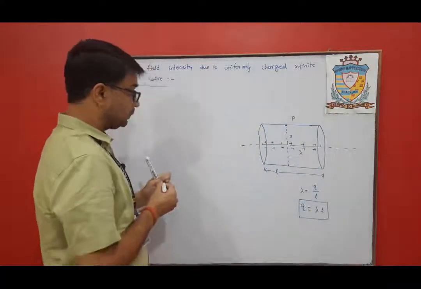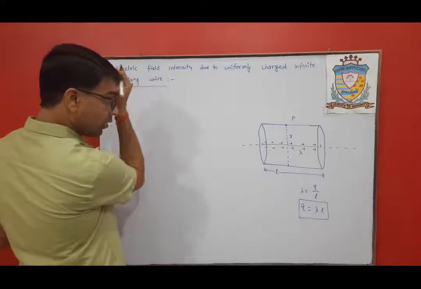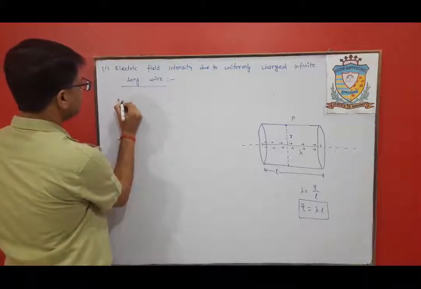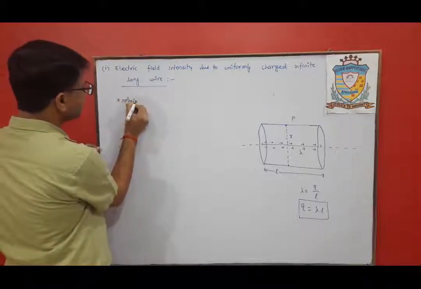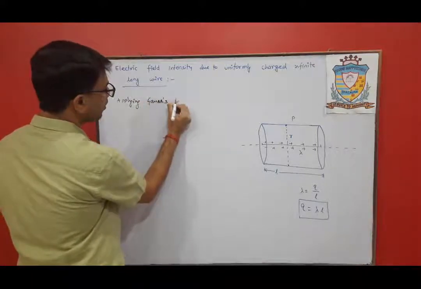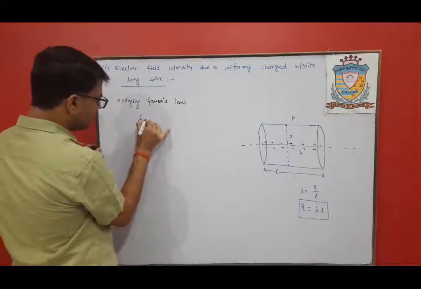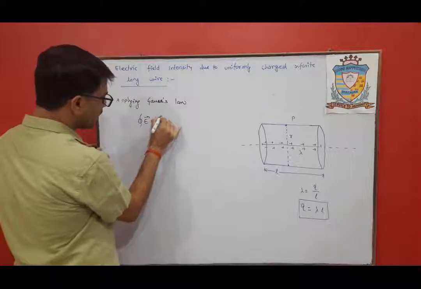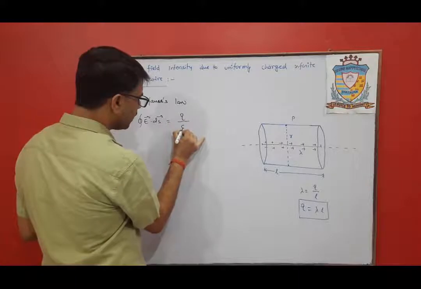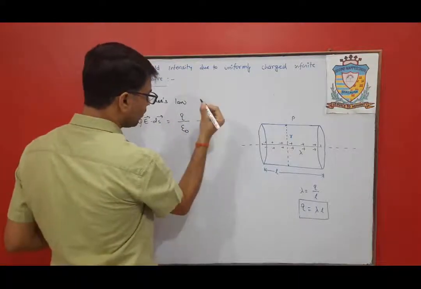Now applying Gauss law, the closed integral of E dot ds is equal to Q upon epsilon naught. This is equation number 1.